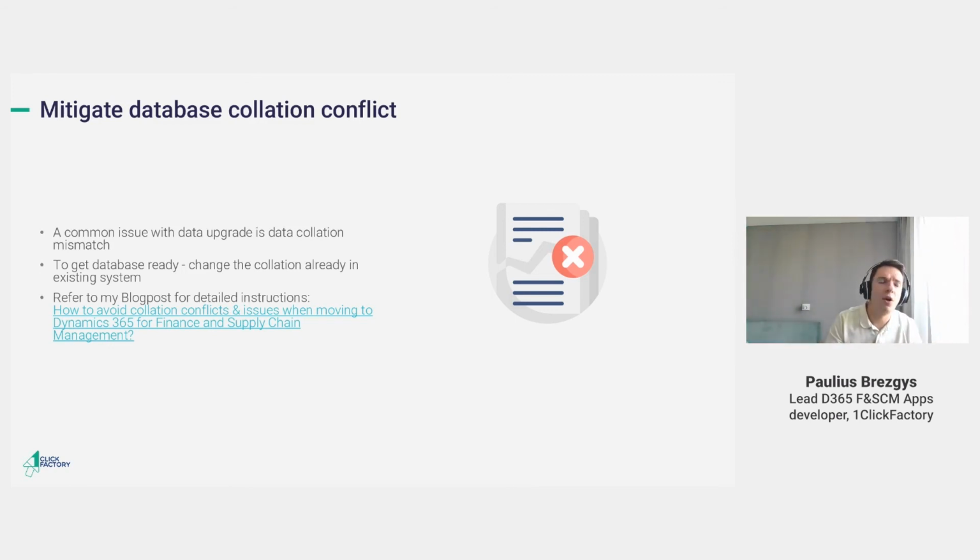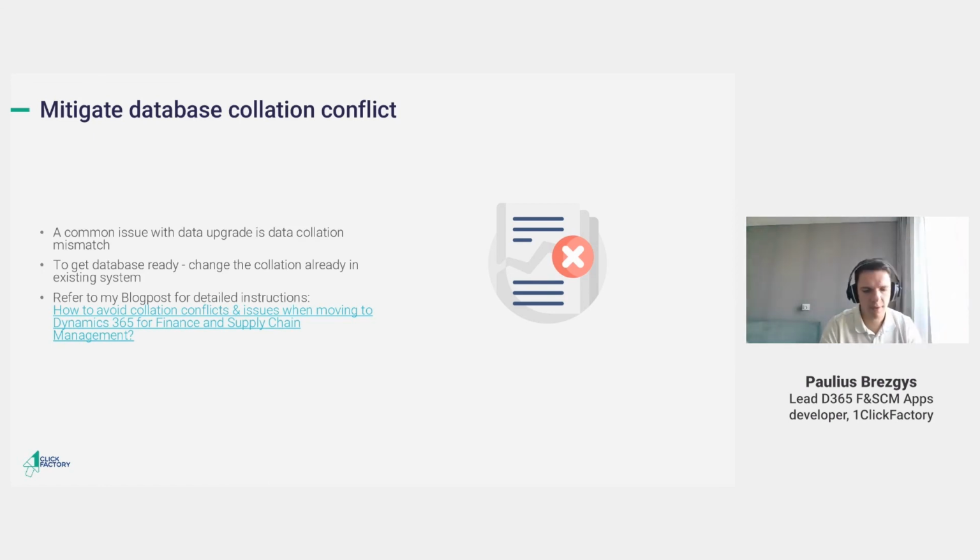So it's a conflict because you will actually get a successful data migration, but you will get the collation conflicts popping up later when you do updates or some database synchronization. So it's a really nasty issue, and usually it's too late when you realize that you have a conflict.